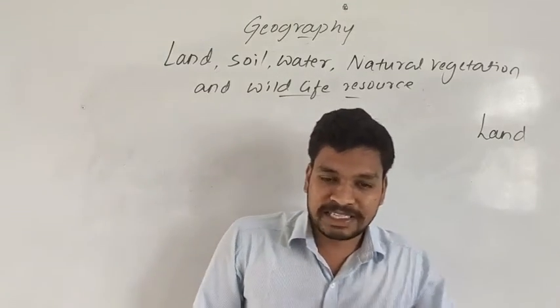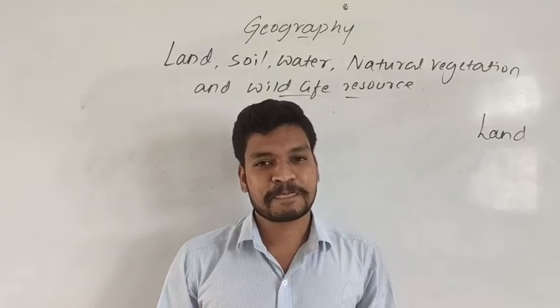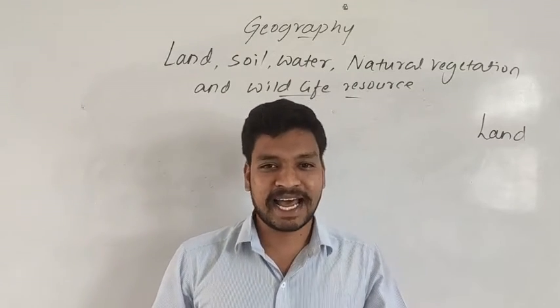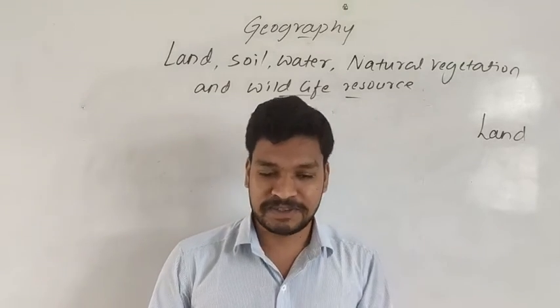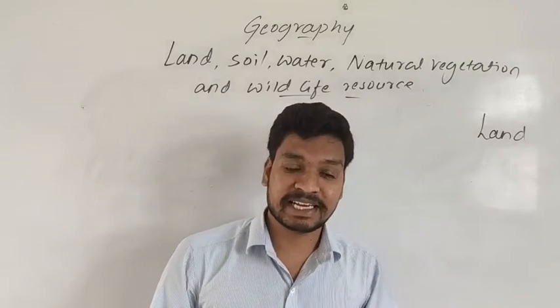So what happens in the 70% of land? It consists of different topographies and different climatic conditions.